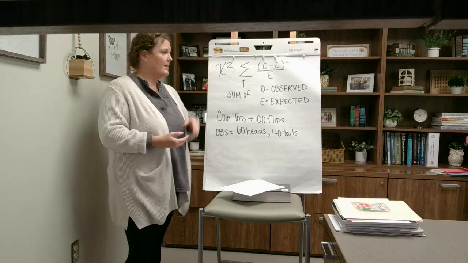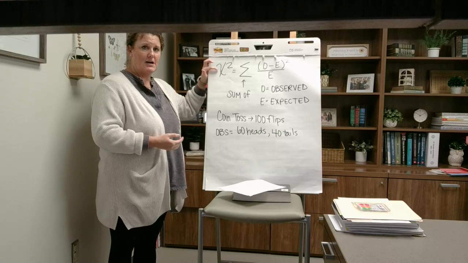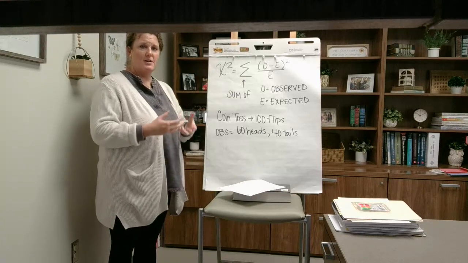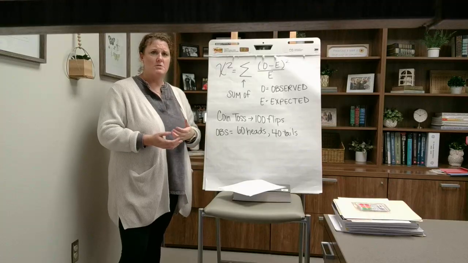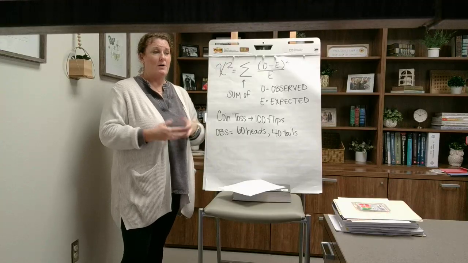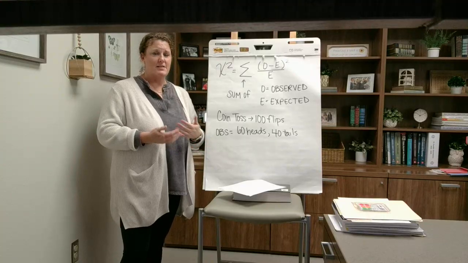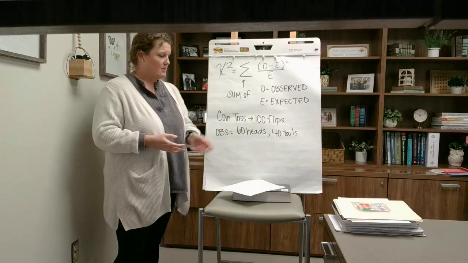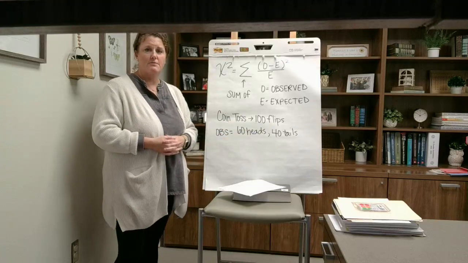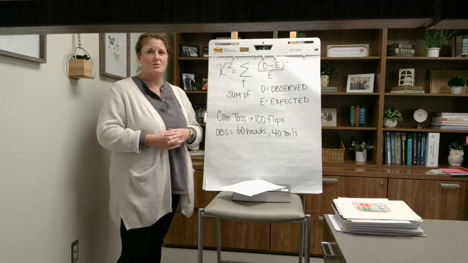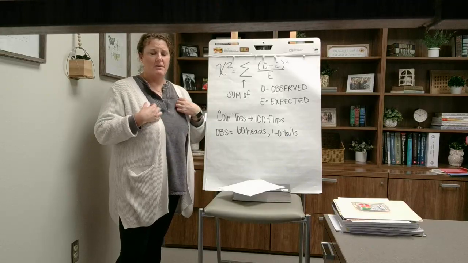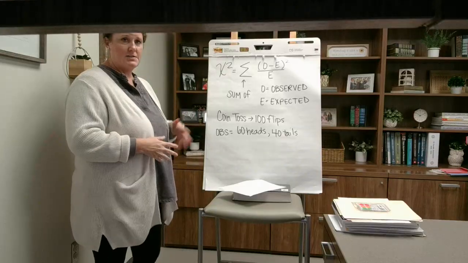It gives me a numerical value, the chi-square value, which I will then look up on a statistics table, and I will use that to determine: do I accept those results and say that that's a fair coin and that it's completely acceptable to get 60-40? Or do I say, really, that's too far off from what I should have gotten? That must not be a fair coin. And so that's what the chi-square is all about.